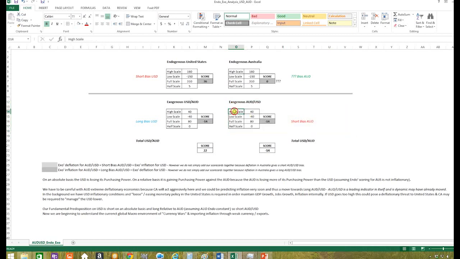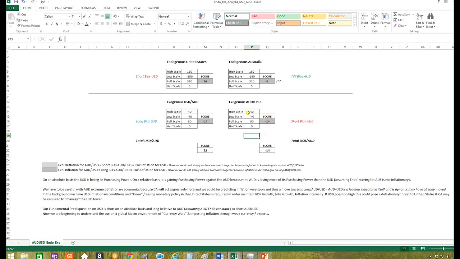And we have our scale, which we just saw over in the exogenous analysis spreadsheet: a scale of plus 40 to minus 40 with our full scale of 80 and our score of minus 14. And that is obviously on the scorecard deflationary for Australia, which by default is giving us a minor short currency bias in the Australian dollar.